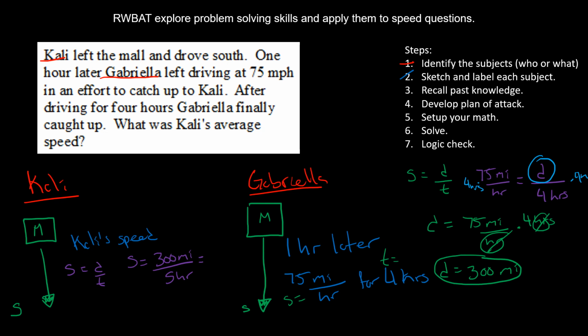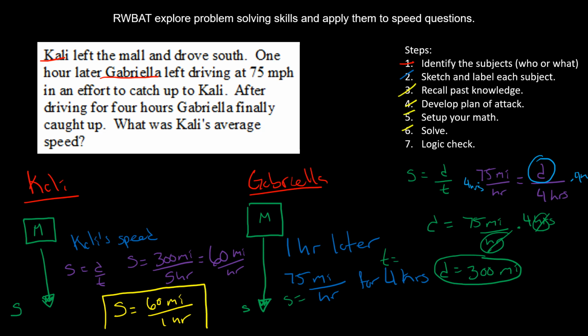Well, when we simplify this down, 300 divided by 5 is 60 miles per hour. So let's rewrite this. We're going to say Callie's speed equals 60 miles per 1 hour.